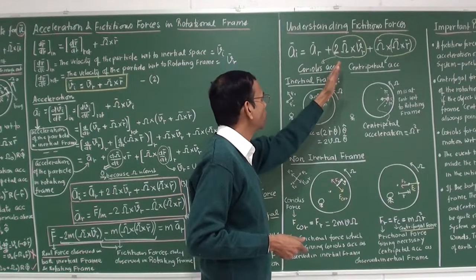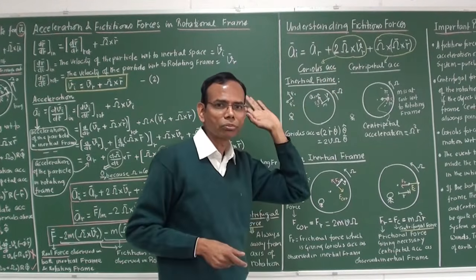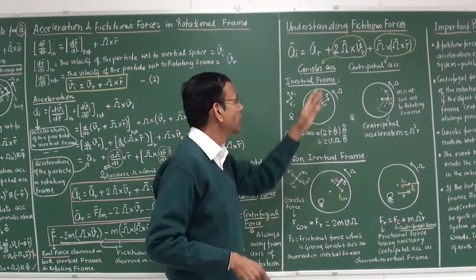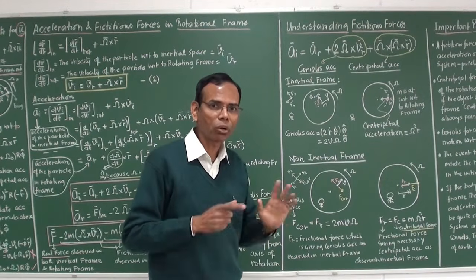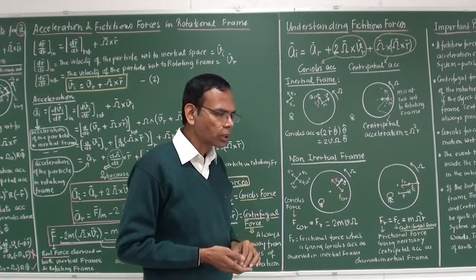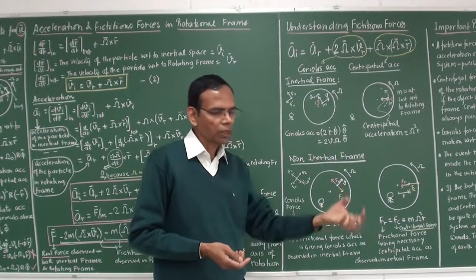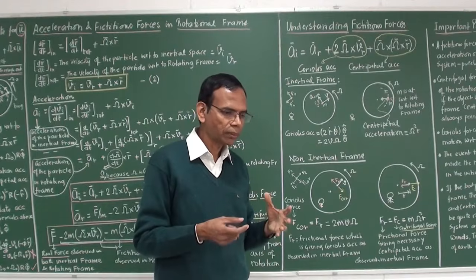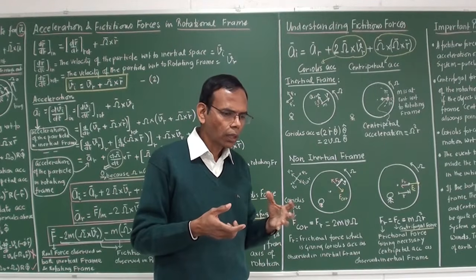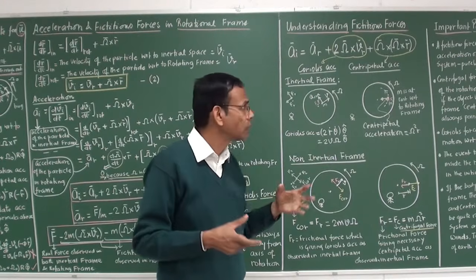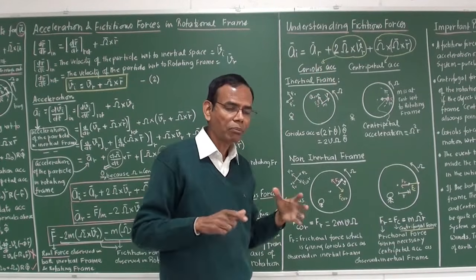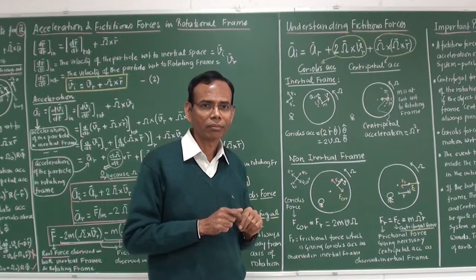The first thing is omega is common in both, that is the rotation of the frame. In that, one more term is there that is more complicated. So these effects are arising because of the rotation of the frame.